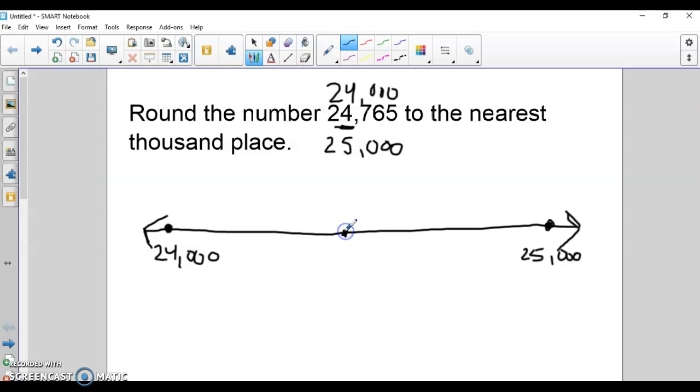So we're going to make a point right there in the middle, and we're going to label that 24,500 because it is directly in between 24,000 and 25,000. And if we were going to mark where 765 is, it would probably fall along right here.